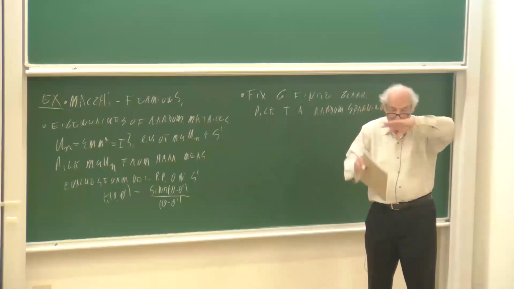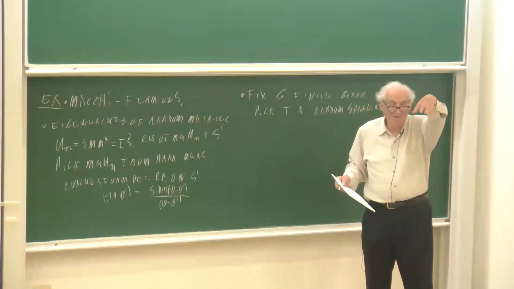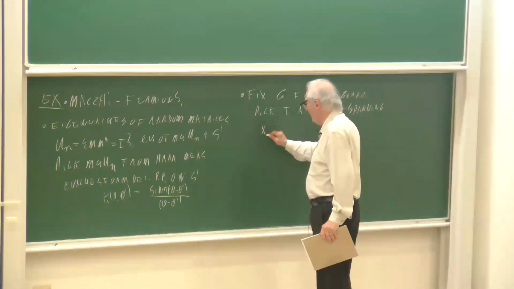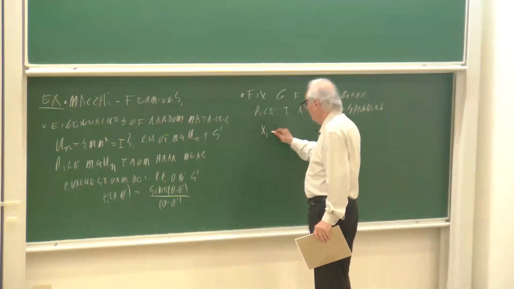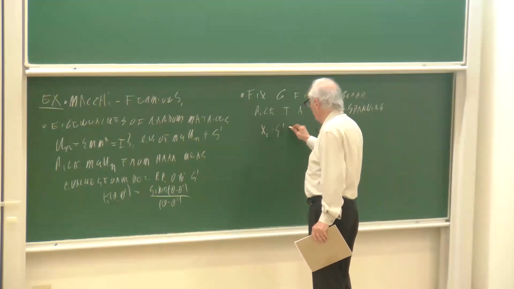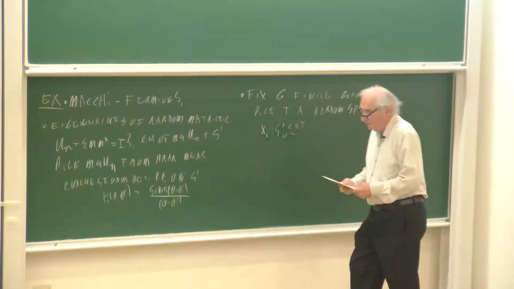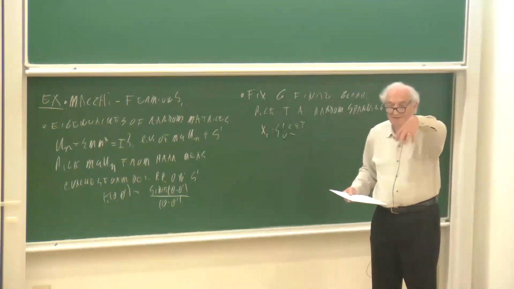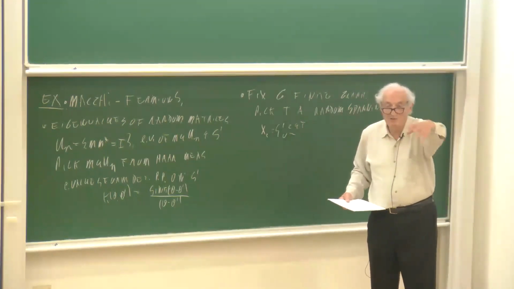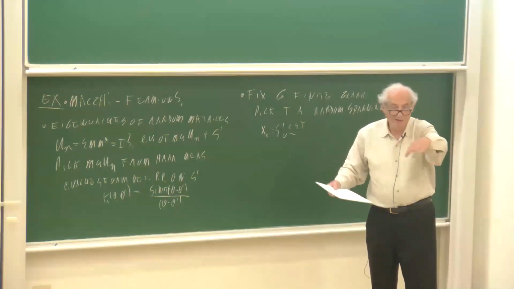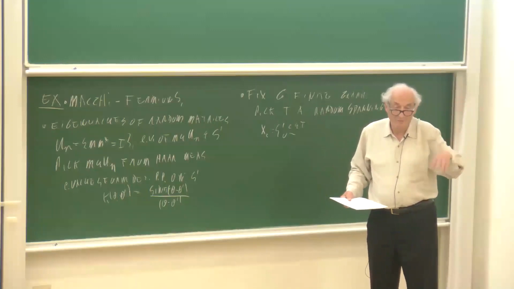There are finitely many of them because the graph is finite. So pick a spanning tree at random and let x_e equal 1 if e is in T and 0 otherwise. So look at the process defined by what edges are in the spanning tree. That's determinantal.